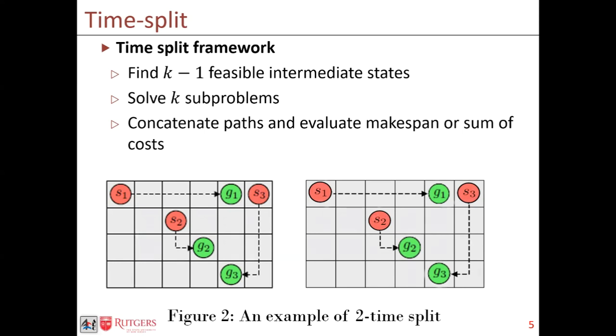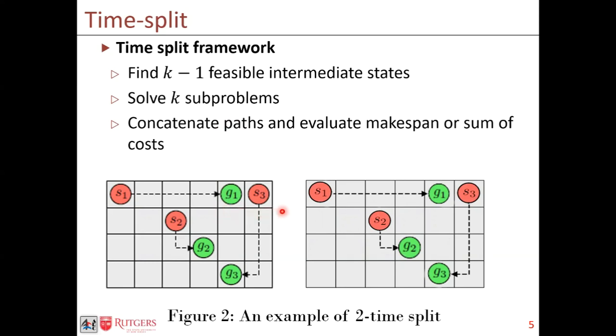In the first step, we find k-1 feasible intermediate states for all robots. Then we solve the resulting subproblems using standard MRMP solvers in general. After all of the subproblems are solved, we concatenate the paths and evaluate the final max span or sum of costs.